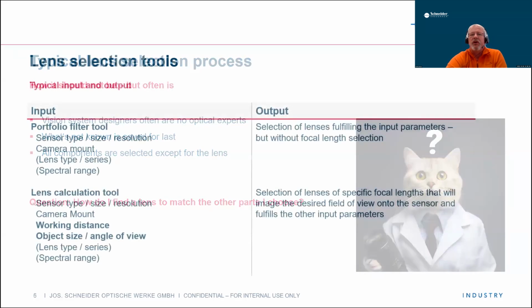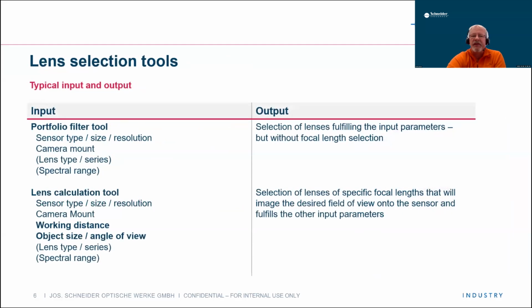So the good part is that there are lens selection tools available. Most of the well-established lens manufacturers offer a tool, typically on their website, which helps choosing the right lens for the application. We have to differentiate here between portfolio filter tools and lens calculation tools. So what is the difference? A portfolio filter tool, as it says, filters the portfolio.